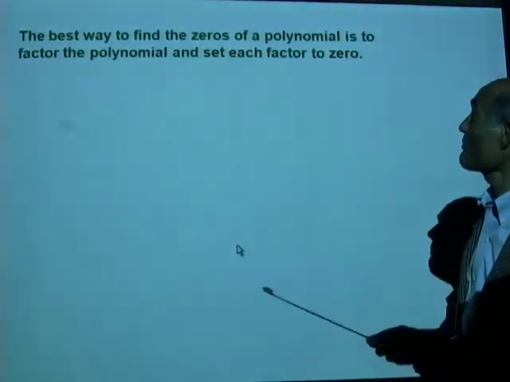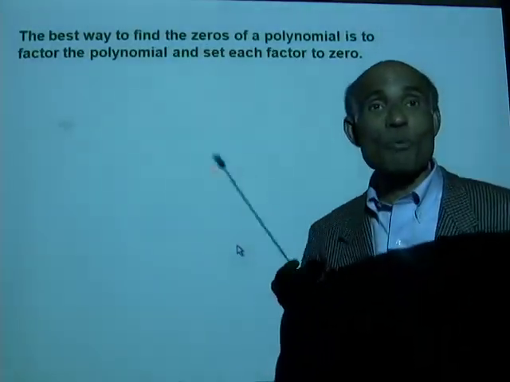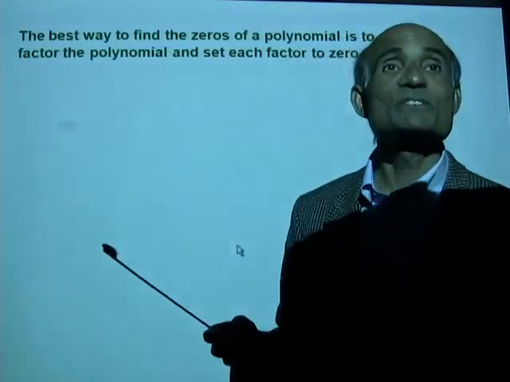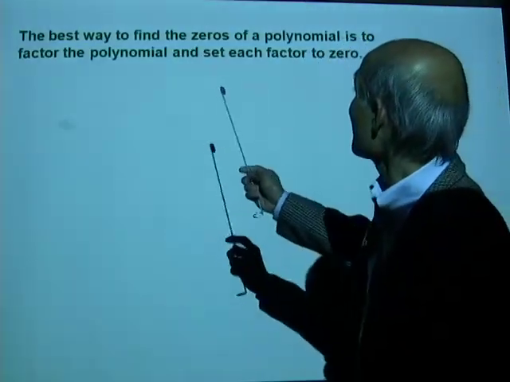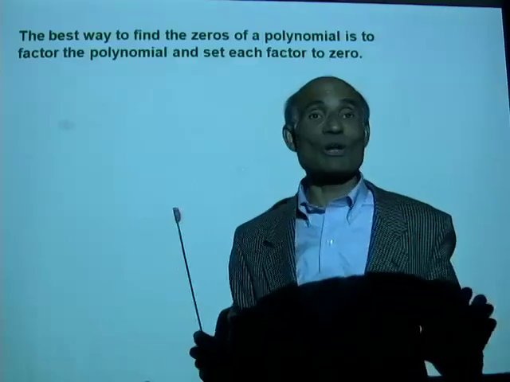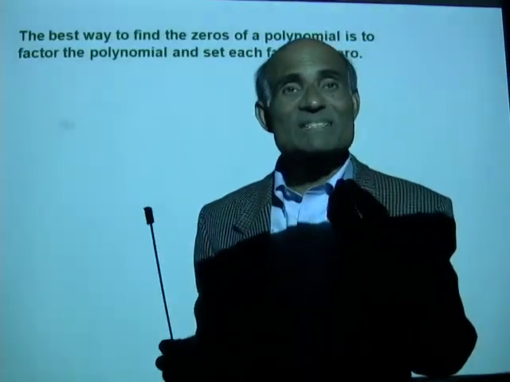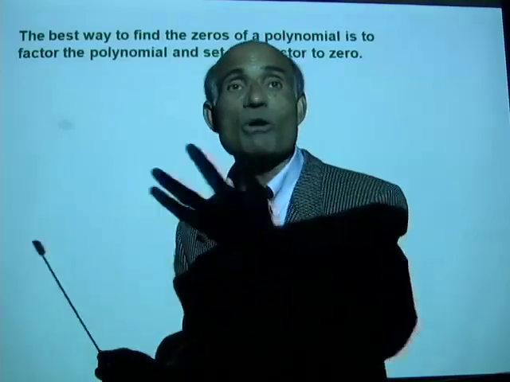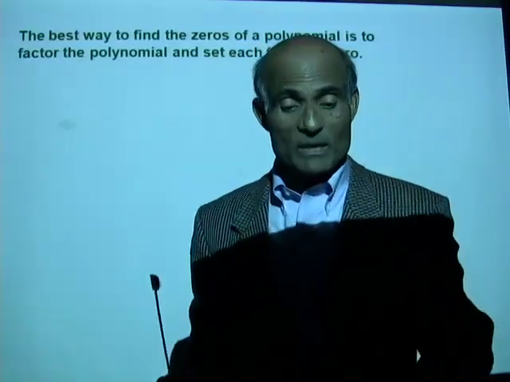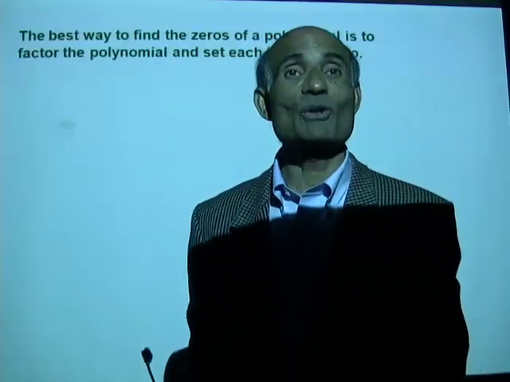The best way to find the zeros of a polynomial is to factor the polynomial. Is that right? If you can factor the polynomial and set each factor to 0, that is the best way to find the zeros of a polynomial.